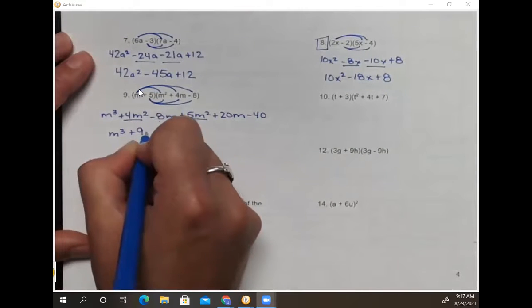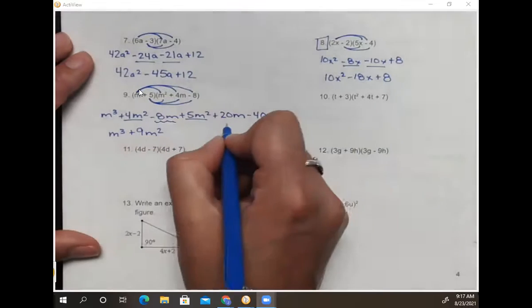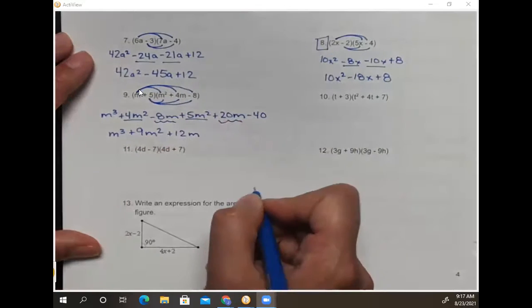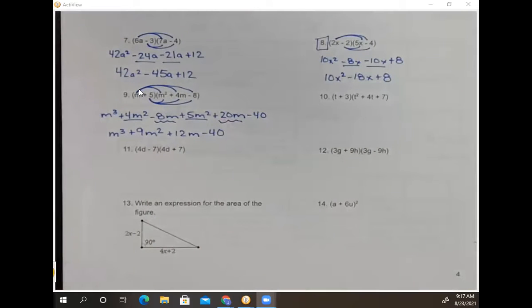That would be 9m squared. Minus 8m plus 20m. That would be 12m. And then negative 40 is my only constant term, so I'll put that at the end. Questions on number 9?